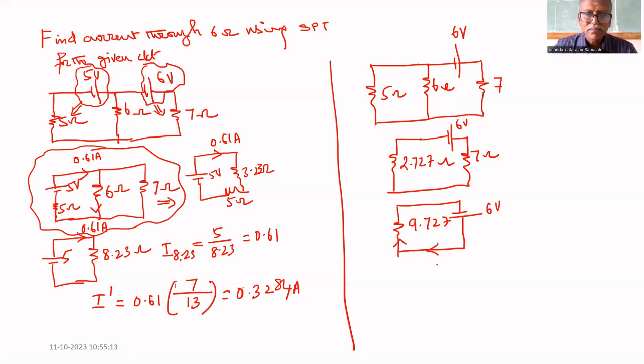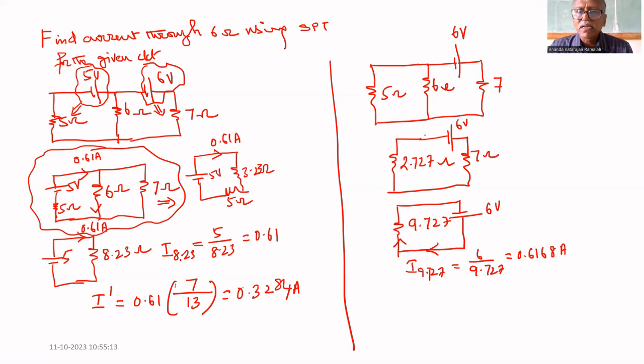So what is the current? I 9.727 equal to 6 divided by 9.727. That is equal to how much? 0.6168 ampere.